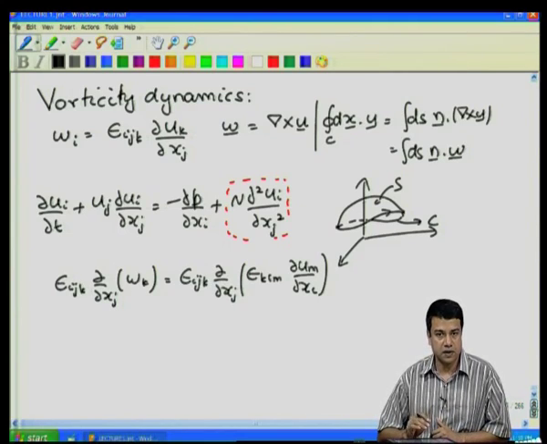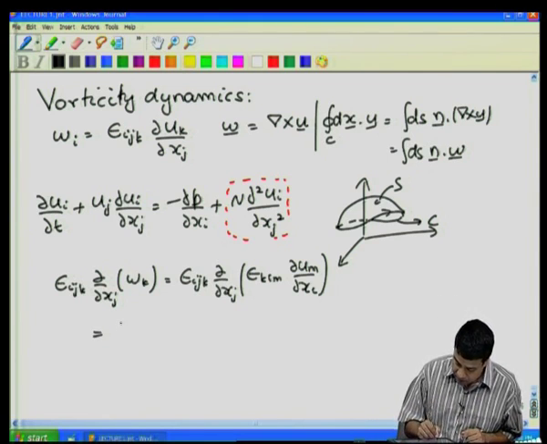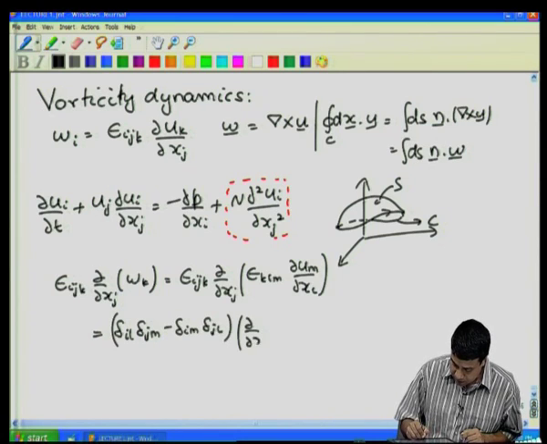I use different indices in the second term here just to make sure that we do not confuse. I have already used i and j in the first curl. Okay. This epsilon ijk times epsilon klm can of course be written in terms of delta functions. Okay. So, this can be written as delta_il delta_jm minus delta_im delta_jl times partial by partial x_j of partial u_m.